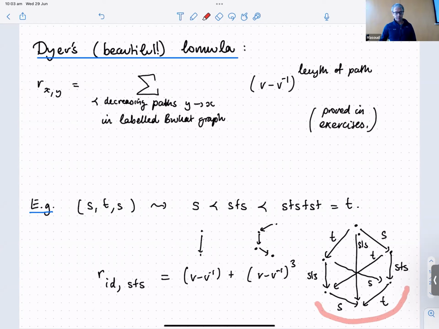Now, my order from the reduced expression STS tells me that S is less than the reflection STS, which is less than the reflection T. And so over here, there are 3 different decreasing paths down to here. But only 2 of them are allowed, because I'm allowed to go T, STS, S, that's decreasing in this order. And I'm allowed to just take STS, the direct route home, but I'm not allowed to go S, STS, T.